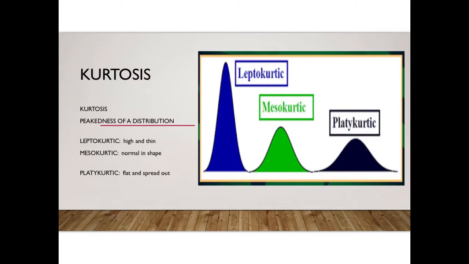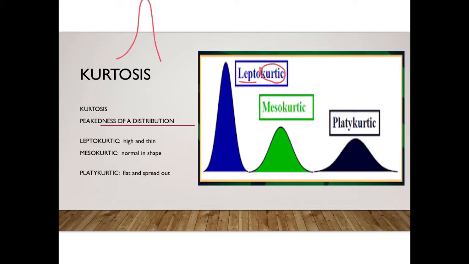Kurtosis. Where skewness is the shape, we're still looking at the shape, but in kurtosis we're really looking at how high the peak is. You can see leptokurtic, and you just have to remember that this portion of the word always stays the same. Lepto is high, meso looks more like the normal distribution, and platykurtic is underneath.